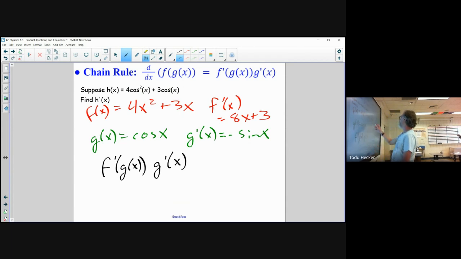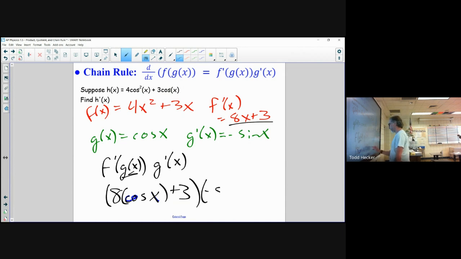So f prime, that's this, 8x plus 3. But I don't want x, I want g of x. So I want 8 cosine x plus 3, right? Then all of that times g prime of x, which is negative sine x.